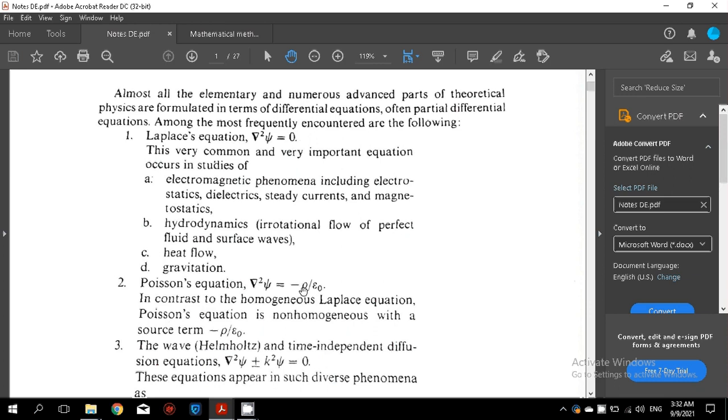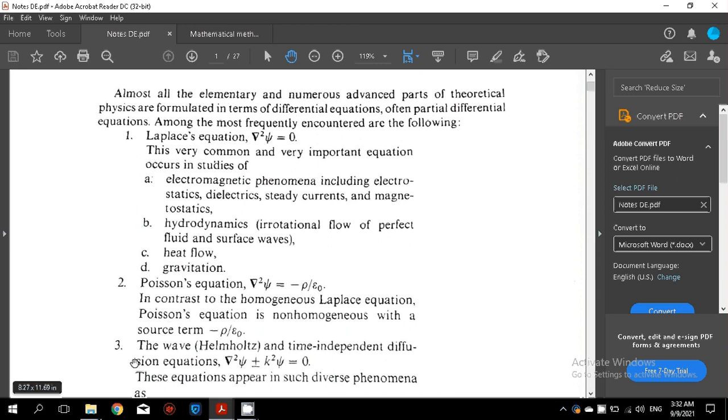But if there is a source function, that appears on the right hand side of the equation, and this equation is known as the Poisson's equation. The Poisson's equation is non-homogeneous with a source term minus rho over epsilon naught. Rho is the charge density and epsilon naught is the permittivity of free space.